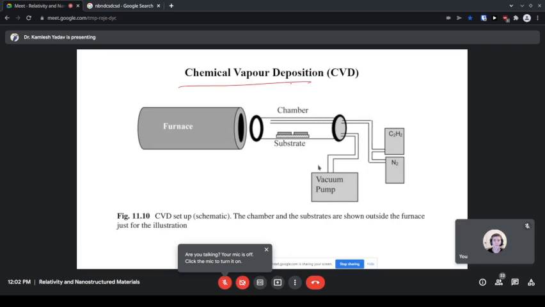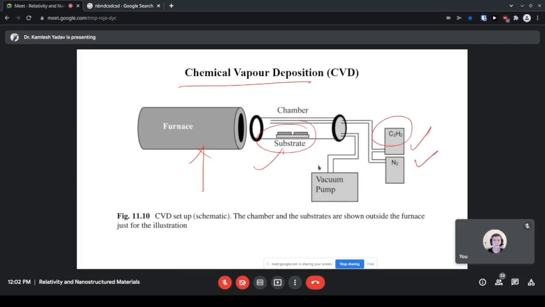Similarly, we use the chemical vapor deposition method. Suppose there is a muffle furnace, here we will place the substrate, and then we will pass carbon material like C2H2, acetylene, which is a very reactive material.